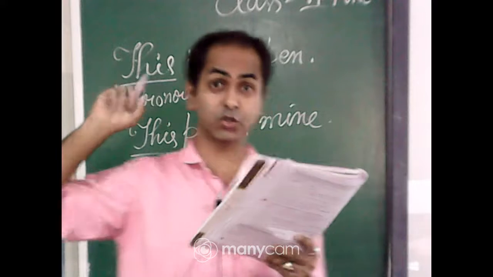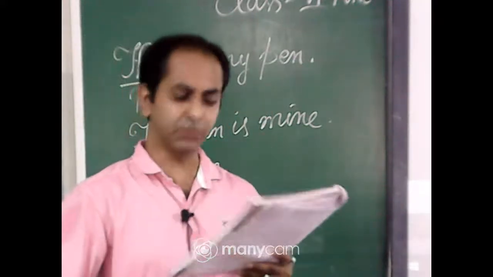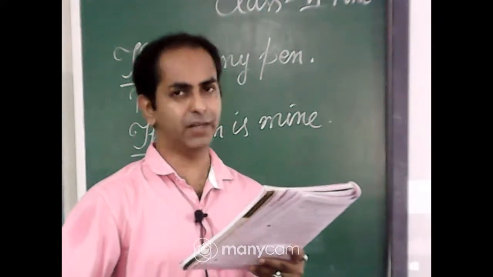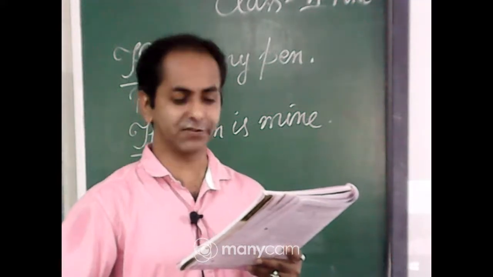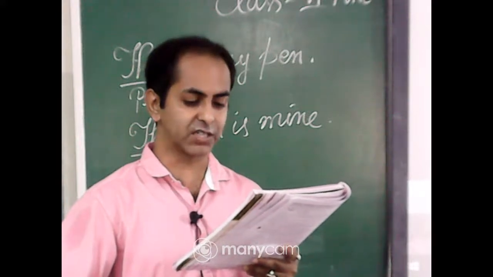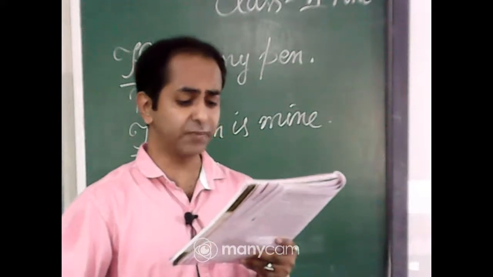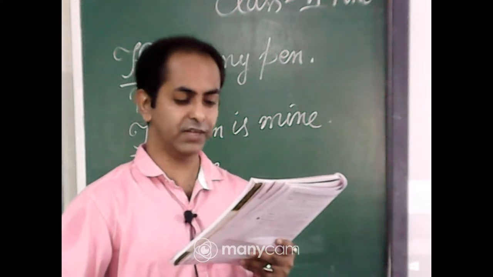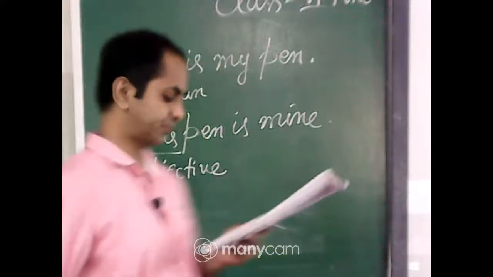When they are used before nouns, they serve as interrogative adjectives. What schedule did you make? Which bag did you buy? So, here you can see that they are used before the nouns.